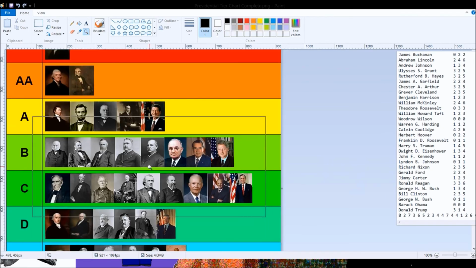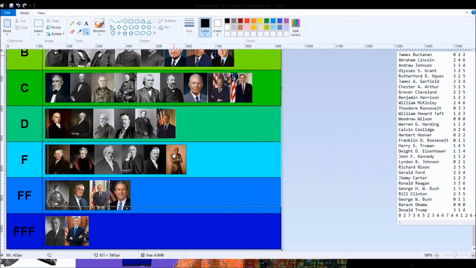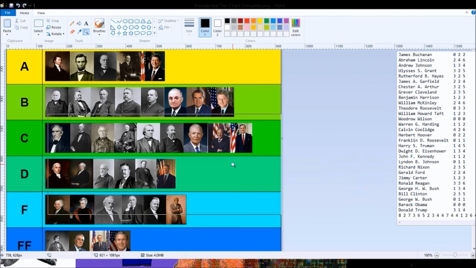Next president, we have Harry S. Truman. Harry Truman, domestic policy, I would say, was better than FDR in some respects. However, I still ended up giving him a 1 because it had a lot of similar aspects, so I didn't like it.